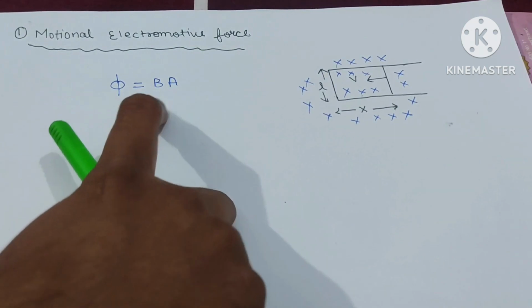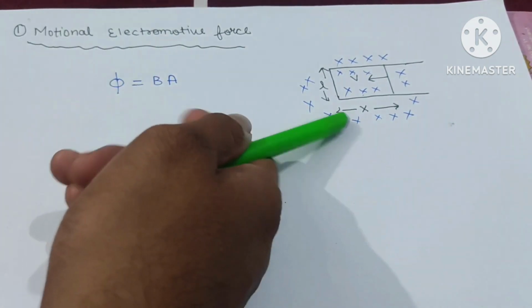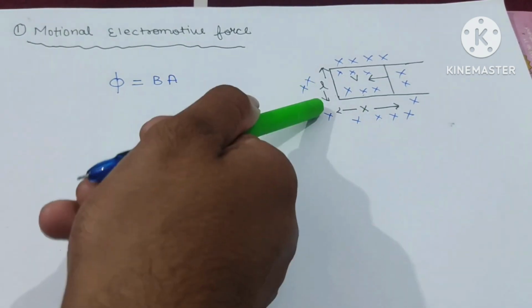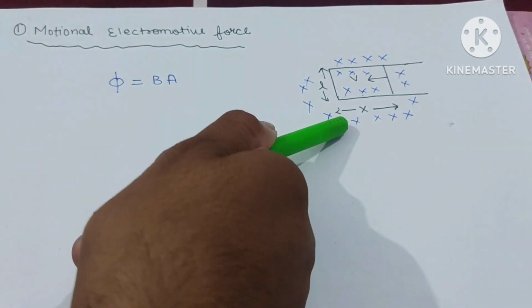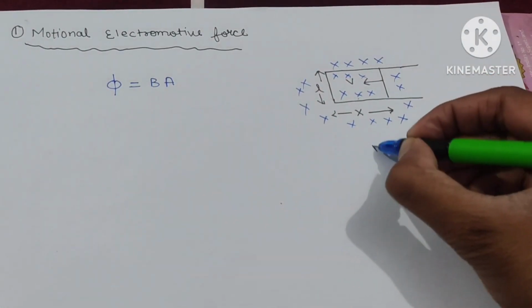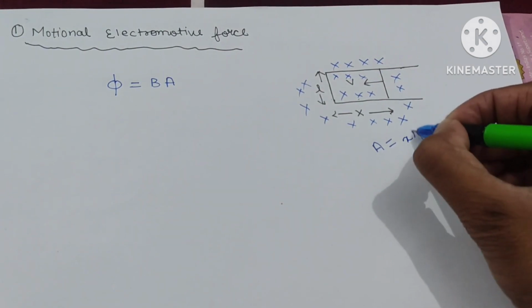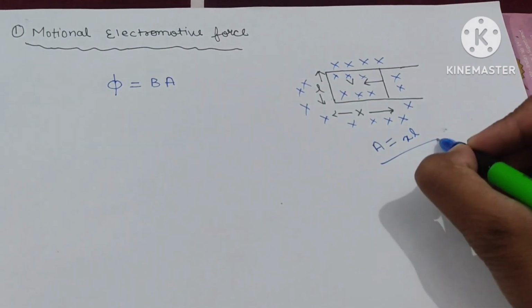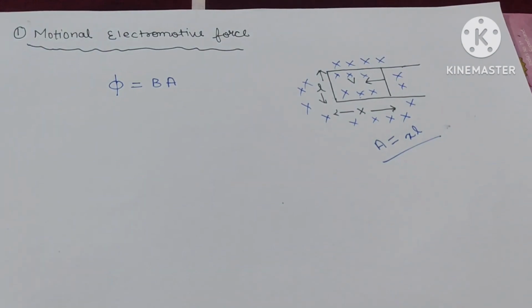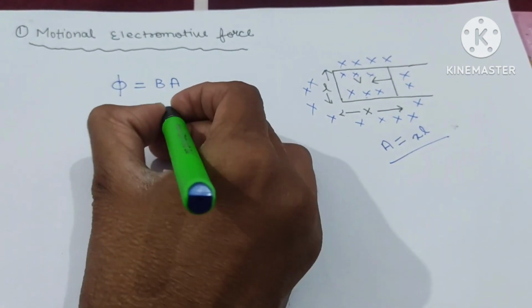From the figure, if we find the area, the length is L and the width is X. So the area is XL. We'll put the area here as LX.